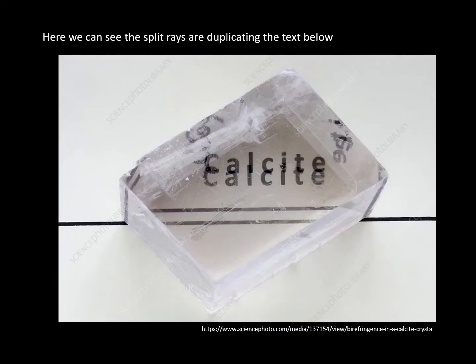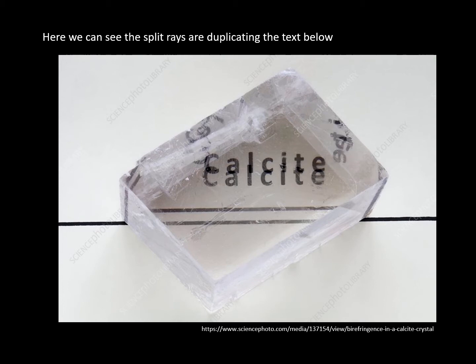This is an example of that, where we have calcite here. You can see that the image beneath it has been duplicated. This is because the rays have been split, and one goes through faster and one goes through at a slower rate, so we have different instances of refraction.